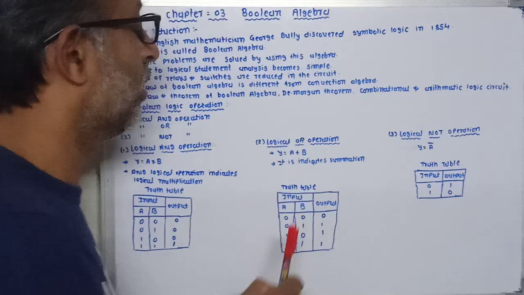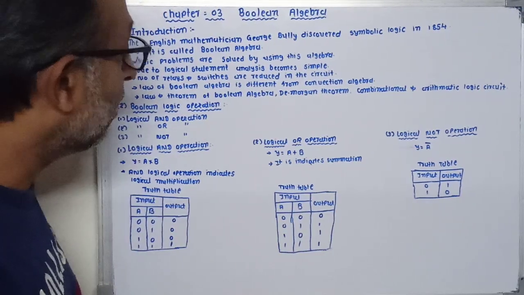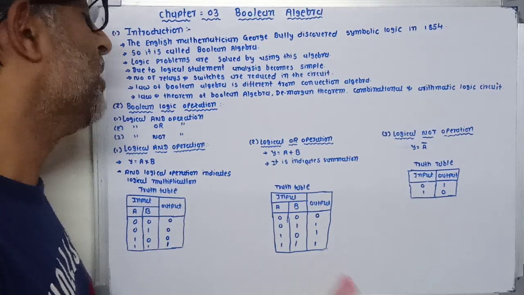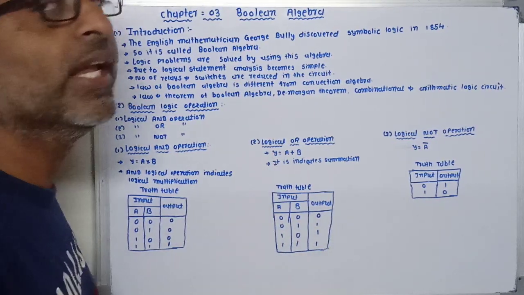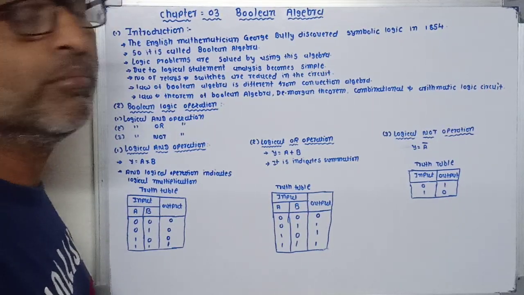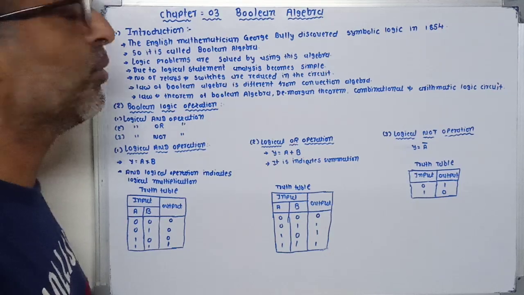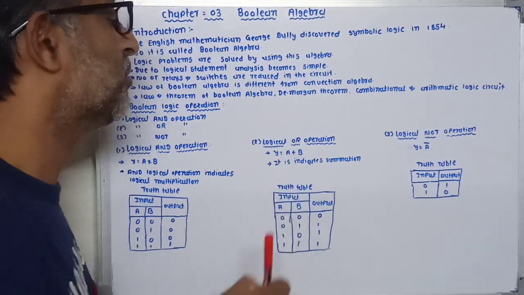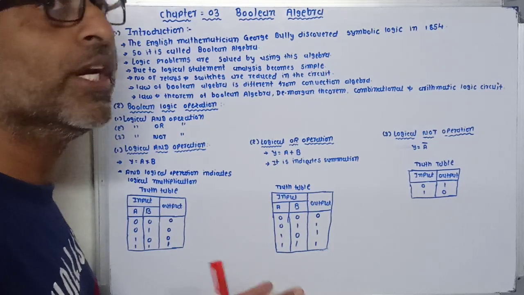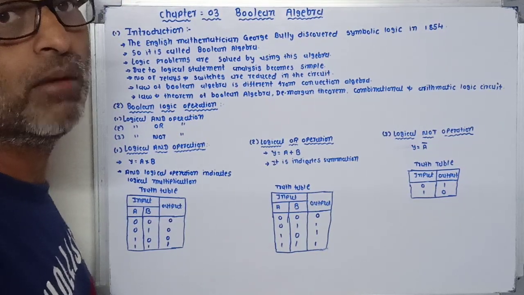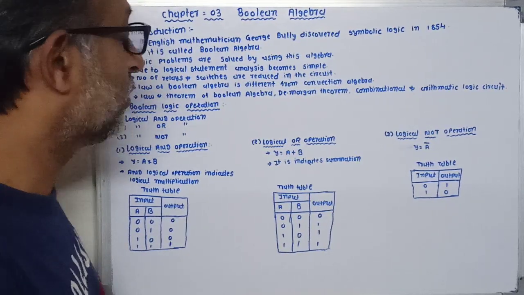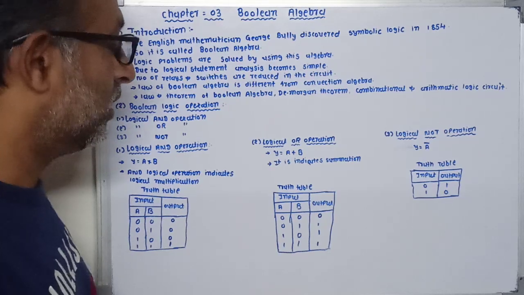Second, logical OR operation. In this, the two input variables A and B are represented by Y is equal to A plus B, where Y is the output and A and B are the input variables. The plus sign is placed in between the two input variables A and B. The inputs A and B may be at logic 0 or logic 1.